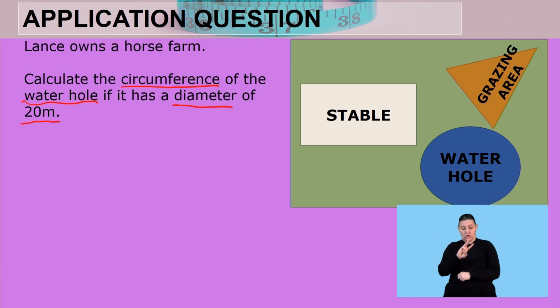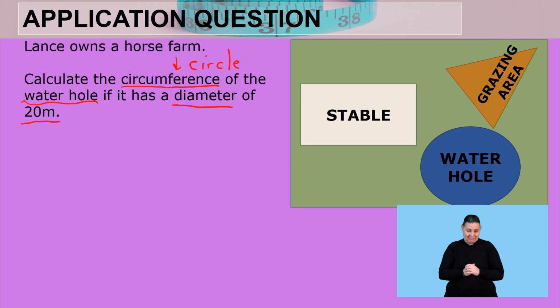I've underlined all of the important things we need. When we see the word circumference, we know that means a certain shape. And what shape is that? That's a circle. So we're looking for a circle calculation. If it has a diameter, that also tells us we're dealing with a circle.